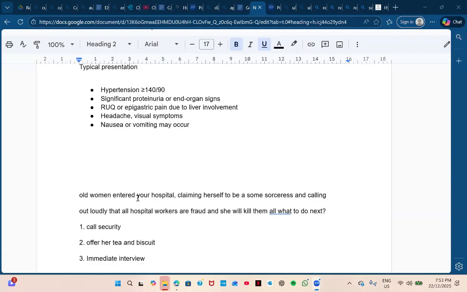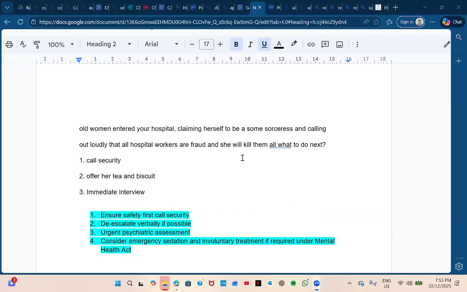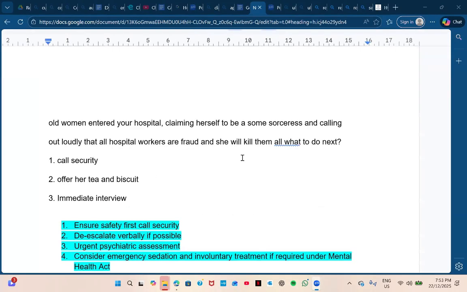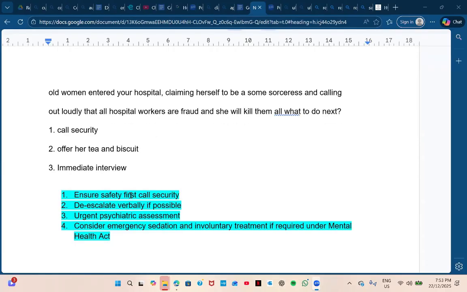These patients do not de-escalate with tea and biscuit. Here we have to ensure our safety first. So we call the security, de-escalate verbally if possible, then assess the patient. But first of all we call the security.